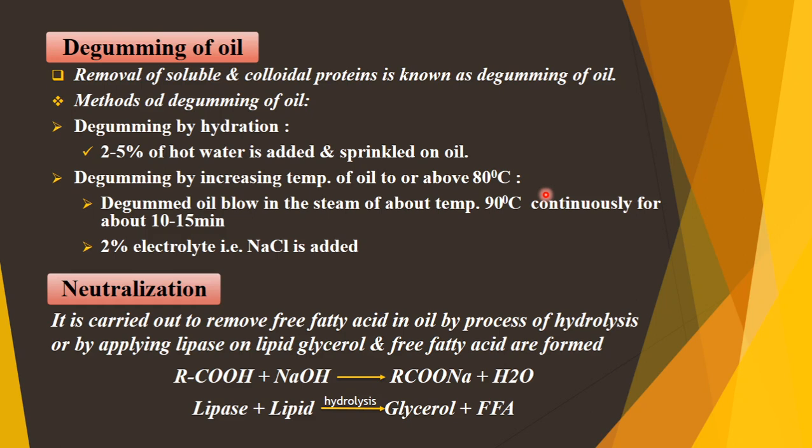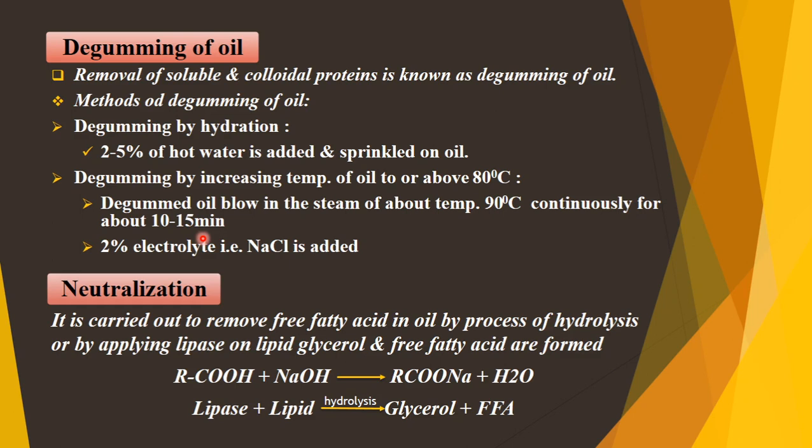What if there is an increase in temperature of oil to or above 80 degrees Celsius? In this, the oil is blown with steam at about 90 degrees Celsius continuously for 10 to 15 minutes.